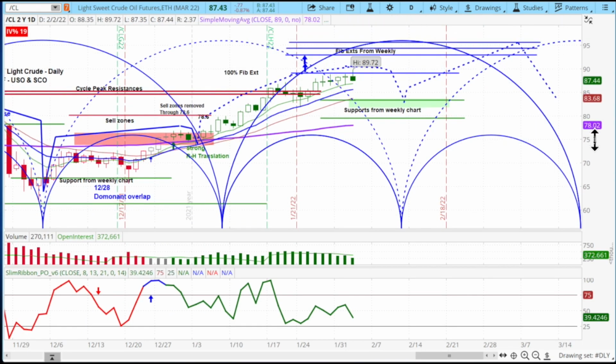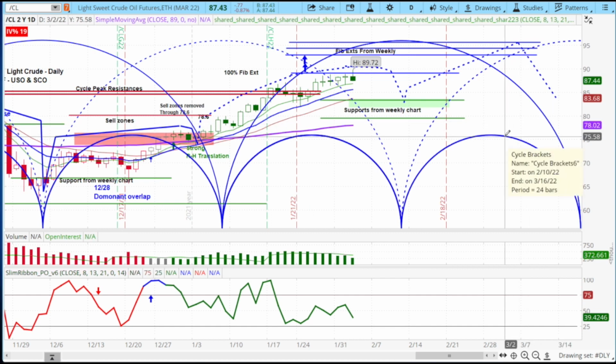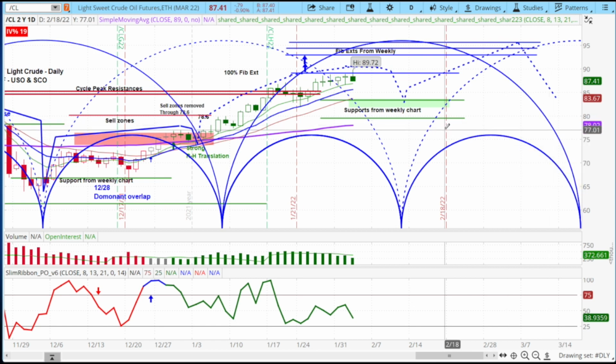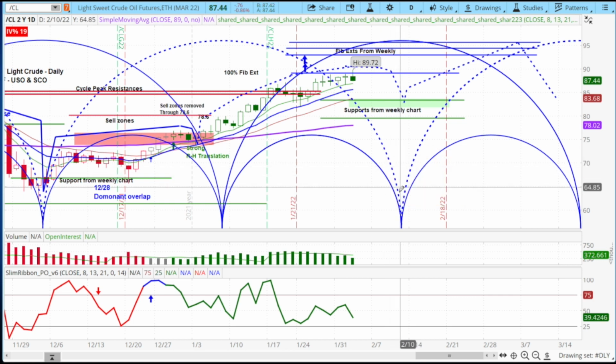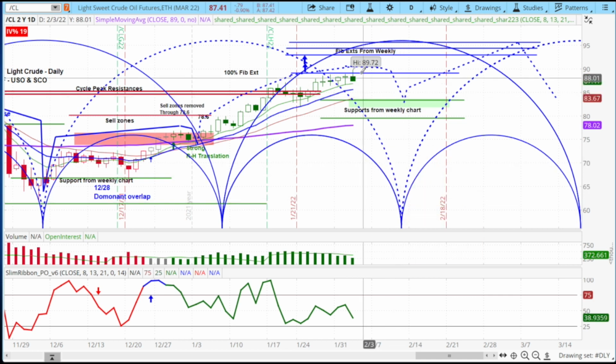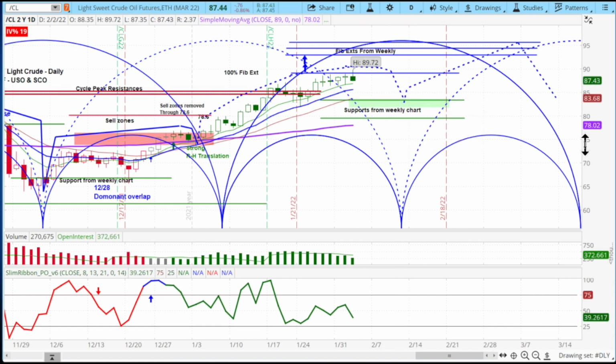So here's the way this sets up right here. If I look at the dates right there, that's out into the lows that come out into mid-March. This low right over here on that shifted or overlapping dominant cycle comes down into the middle part of February. So that's what we're looking at, either a pullback here into mid-February or a pullback into mid-March.